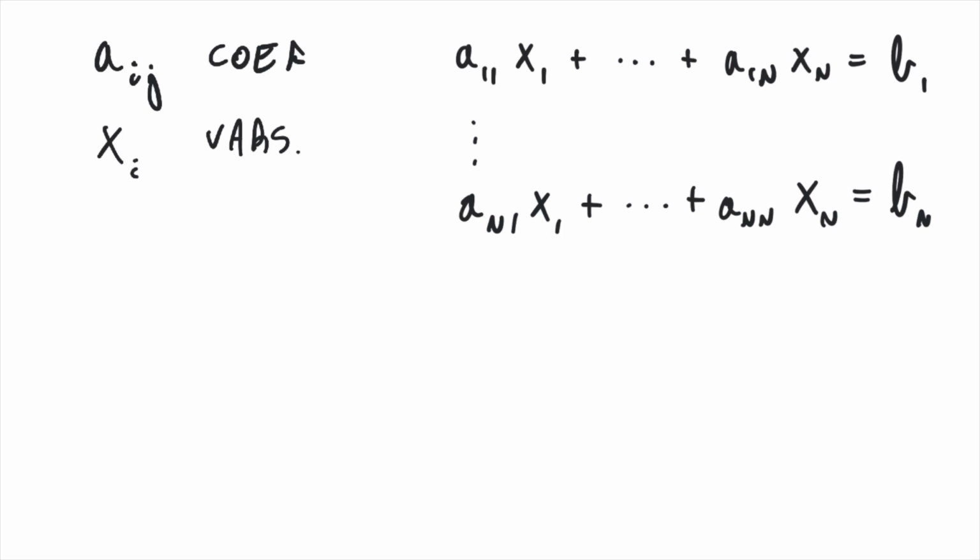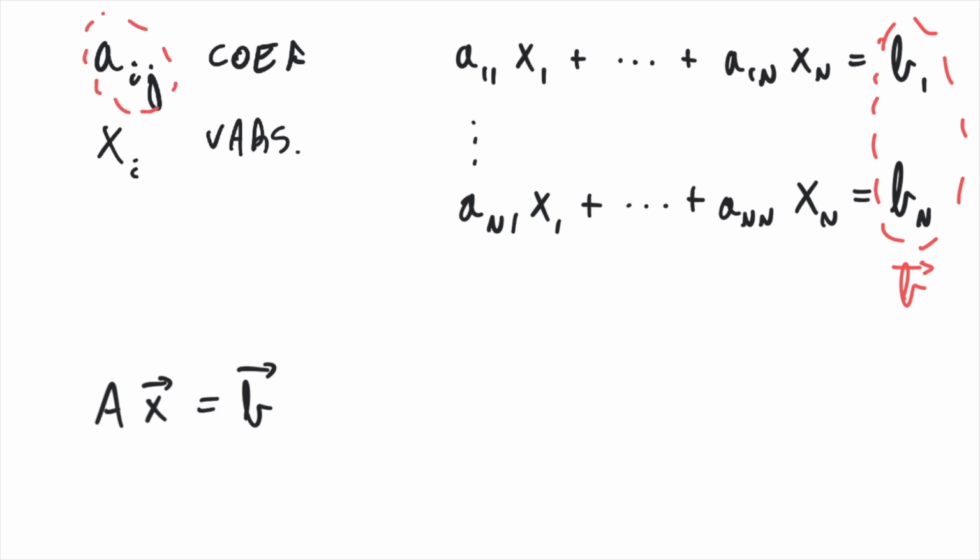In matrix form, this is written as A times a vector x is equal to B, where, of course, the vector B is here. These are the components of A, and x here, we can put it in a vector.